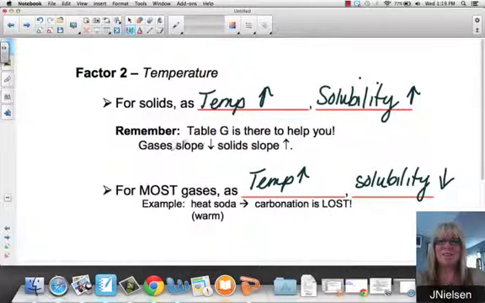And remember that gases have a negative slope, right? Negative slope, and solids have a positive slope.